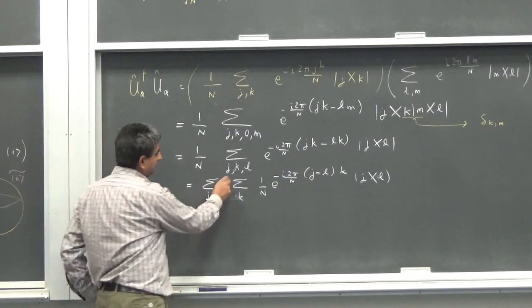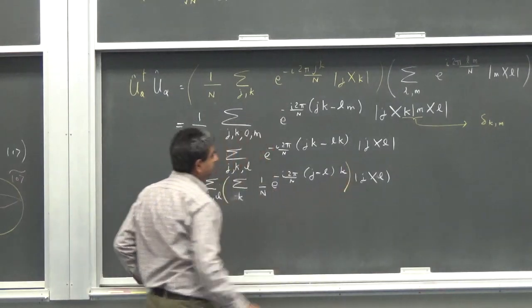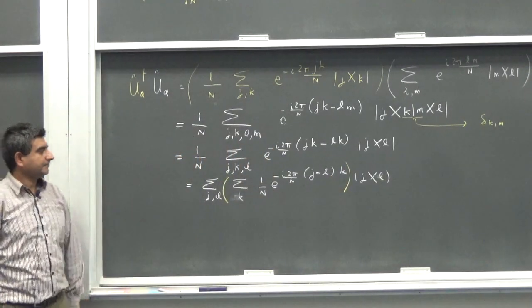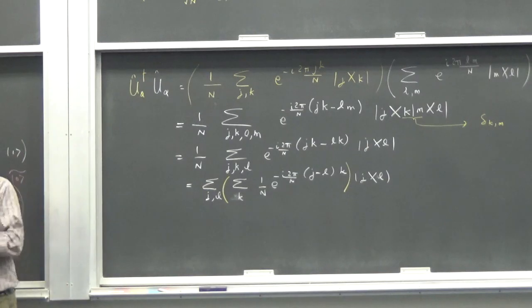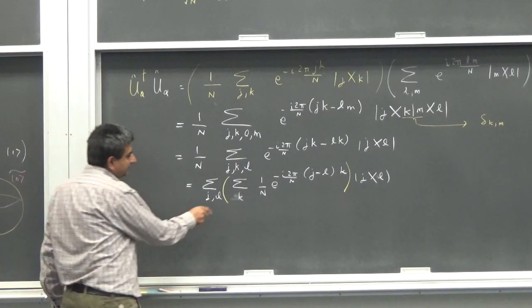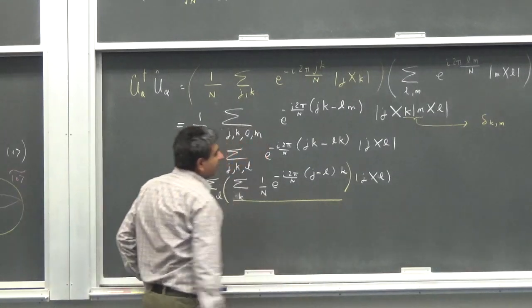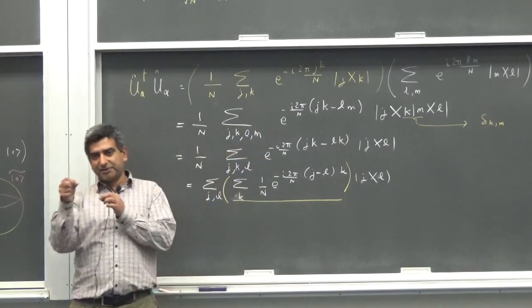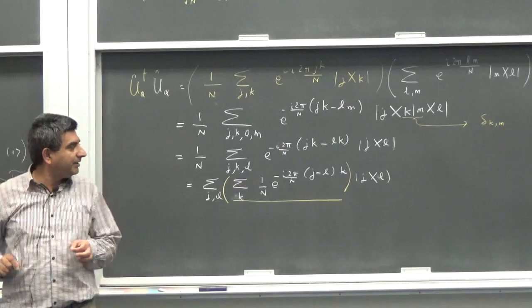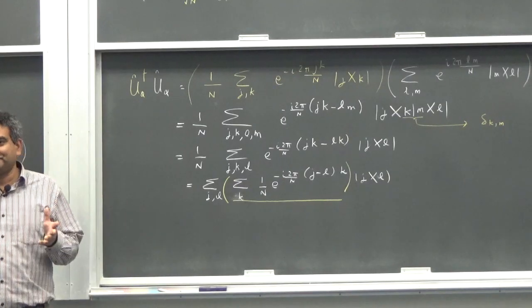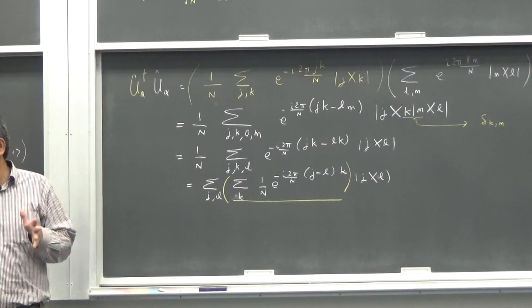Fine, I've just done some remanipulation, shifting of things to the left and right. Now look at this thing here. This is a sum. Now j, by the way, is an integer, l is an integer, and so is k. All of this is an integer.